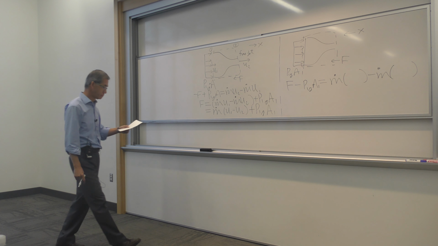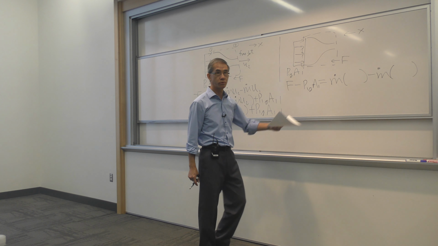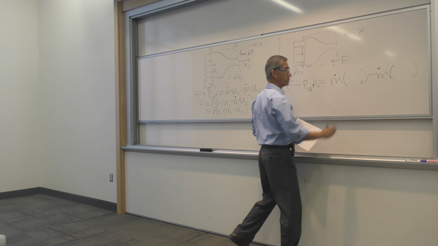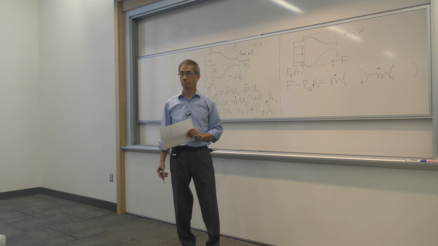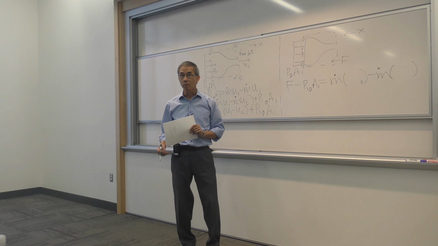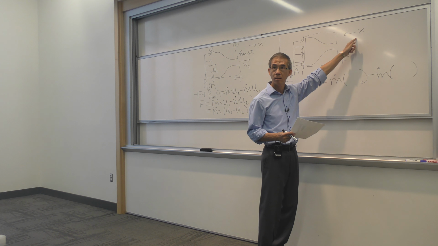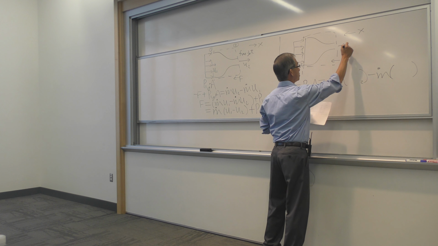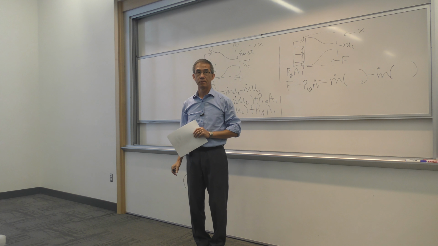Station 2. Station 2. No? You are in doubt? You are not sure. All I did is change this. U2. You are not sure. Okay, I need to slow down then.